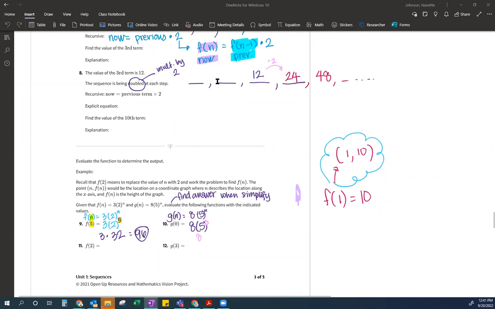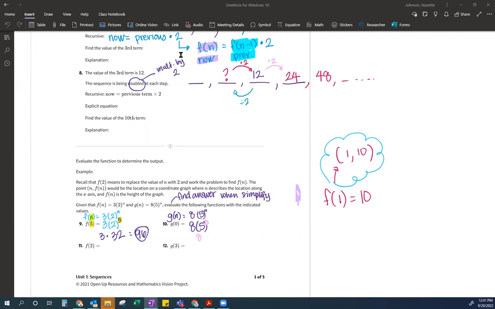Or if your brain works like this too, you can say what, so here's my what times 2 is going to give me that 12. What times 2 is going to give me my 12. Or if you're going to go backwards this way, you can say 12 divided by 2 gives me my what, right? So either way, you would have figured out, oh, that's 6, Miss Johnson, and you're absolutely right.